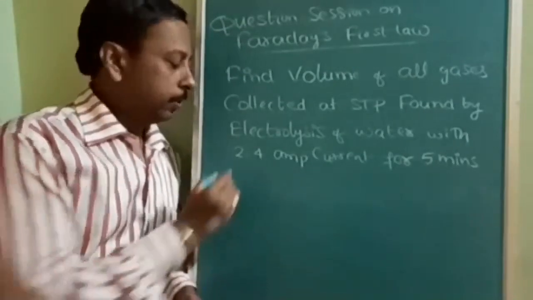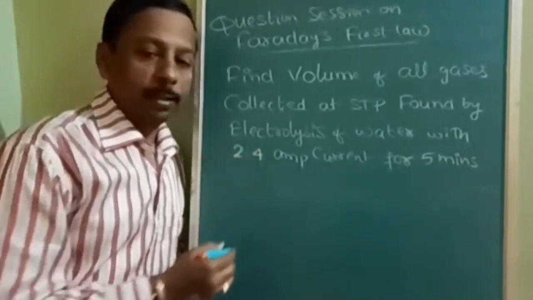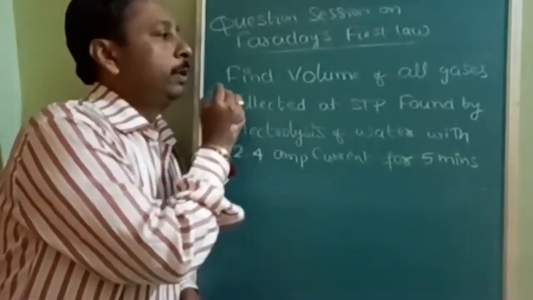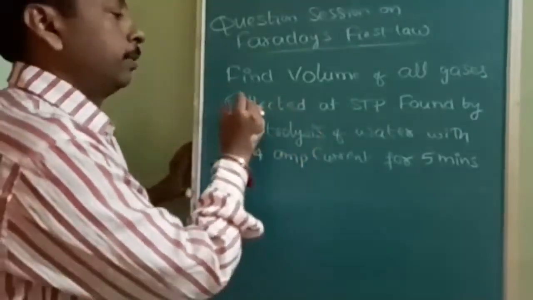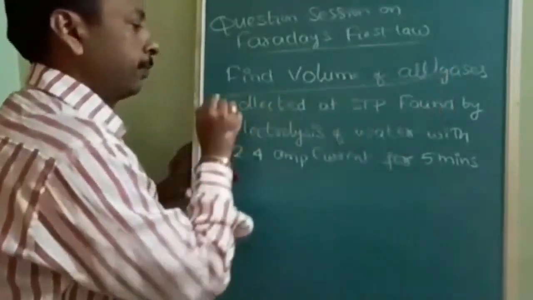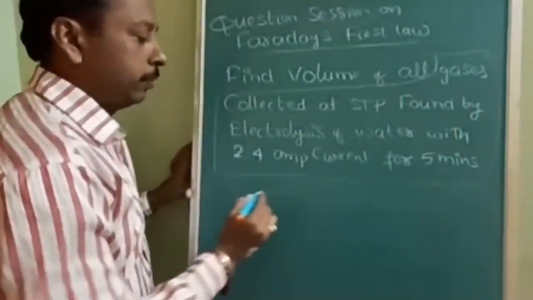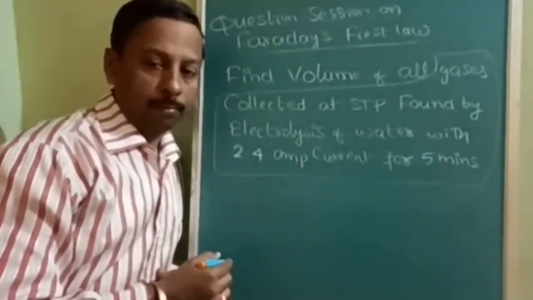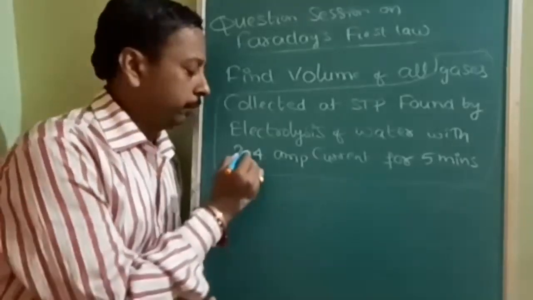This is like a comprehension question. Lots of questions can be derived from this. This question will be given from here only. Understood? From here, some gases are collected at STP by this method. Then what is the volume of oxygen? What is the number of moles of hydrogen? Like that, 3 to 4 questions will be derived.